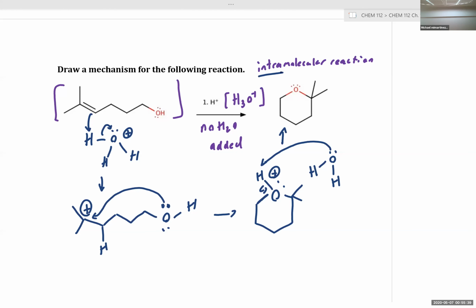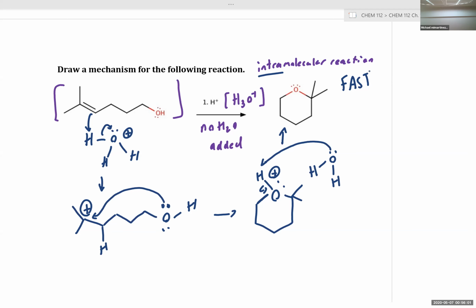The main feature of intramolecular reactions that I want you to know is that they're very fast. Why? Well, your nucleophile and electrophile are close together, so it's easier for them to bump and for a reaction to occur. Does this make sense to everyone?